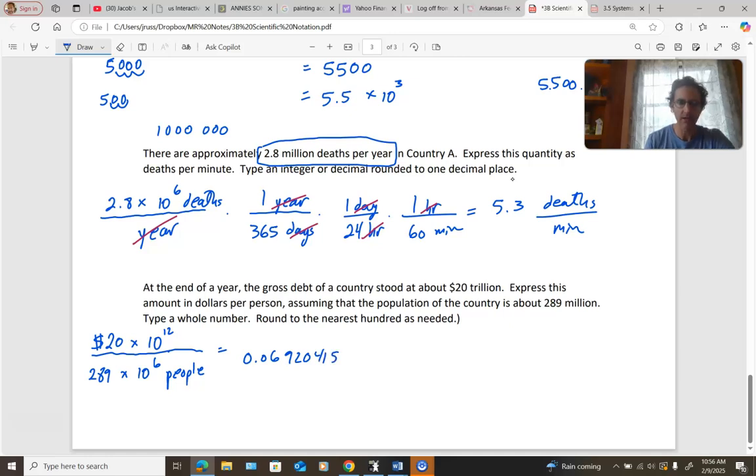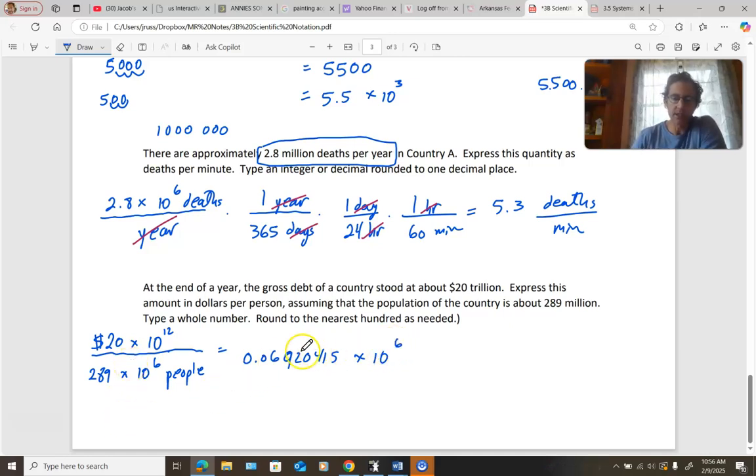The reason I'm carrying it out to this many decimal places is because I'm going to have a power of 10 left over, and so that power of 10 is going to move my decimal. So I want to make sure that I've got enough digits out here. And then when you divide the two powers of 10 here, if you recall, you subtract the exponents. So 10 to the 12th divided by 10 to the 6th will be 10 to the 6th. So say times 10 to the 6th. Now I'm going to convert this to ordinary notation.